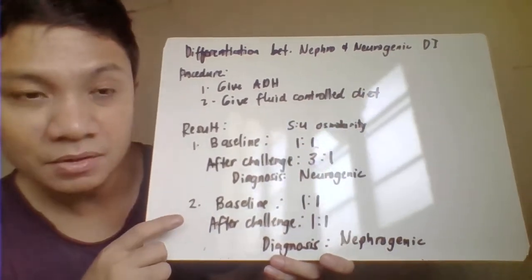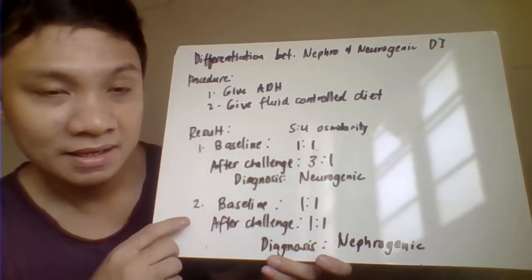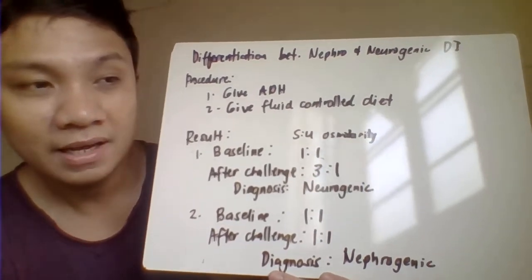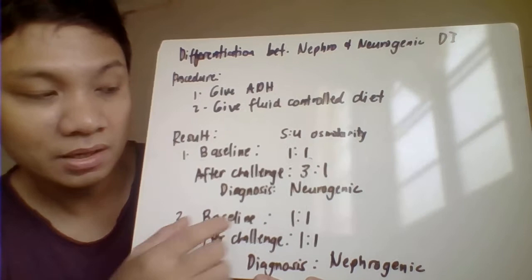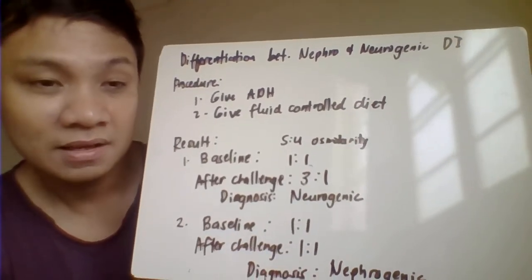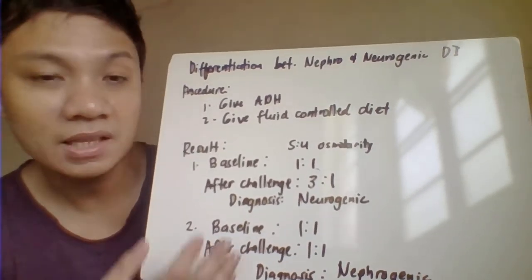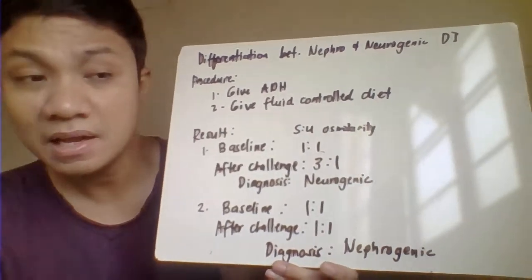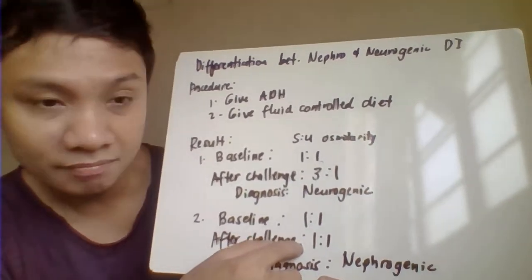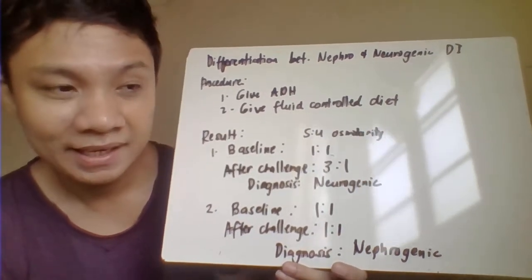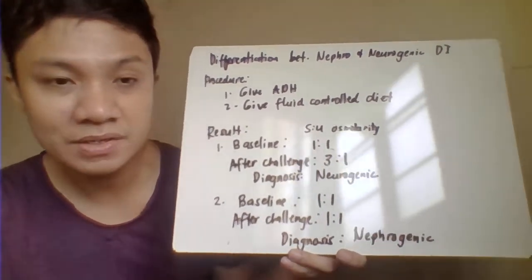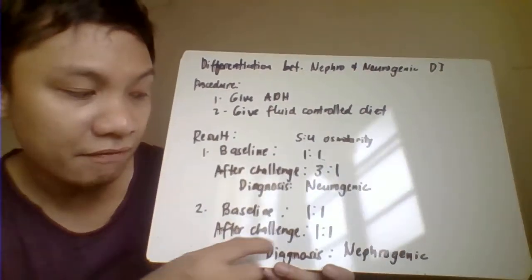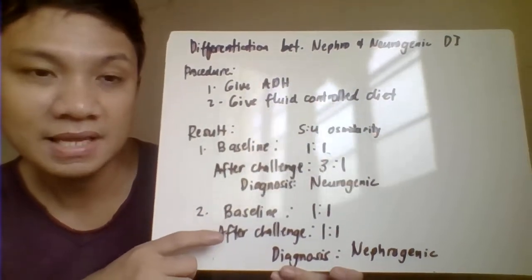On the other hand, pag ito result, baseline, before the challenge, okay, the serum urine osmolarity is 1:1, but after the challenge, after giving ADH, after giving the fluid control diet, walang reabsorption na nangyari. 1:1 pa din. The problem here is the nephrogenic DI. Paano naging nephrogenic DI?